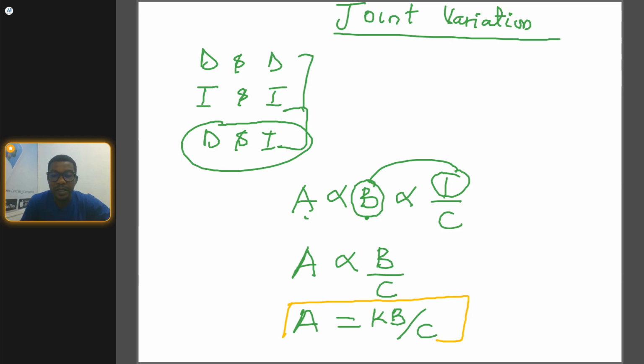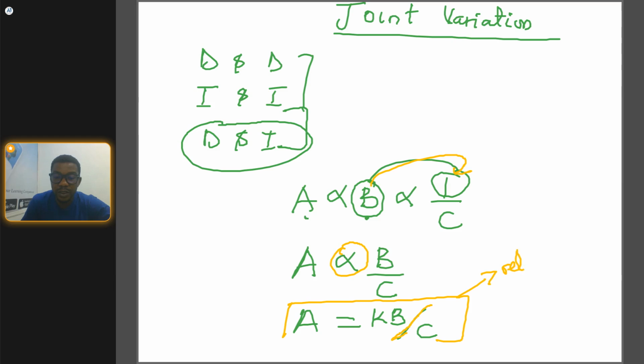This expression here is the relationship. What we did was that we multiplied B and 1. B times 1 gave us B. We still have the variation sign there, B over C. Now, after taking away the variation sign, I need to introduce the constant, which is K. So A equals KB over C. I believe that is clear.